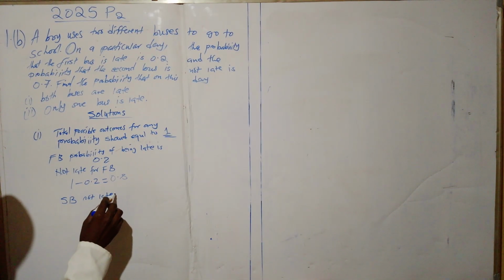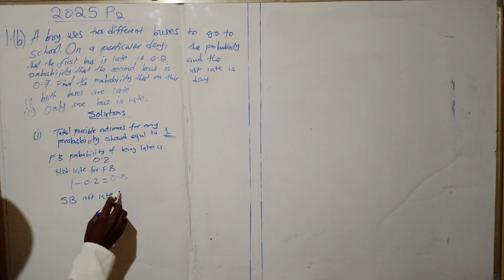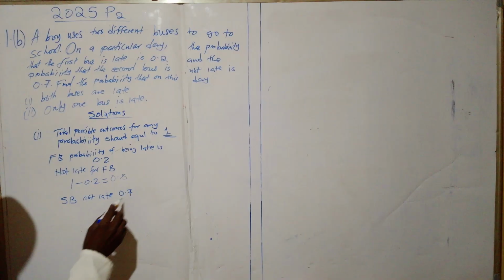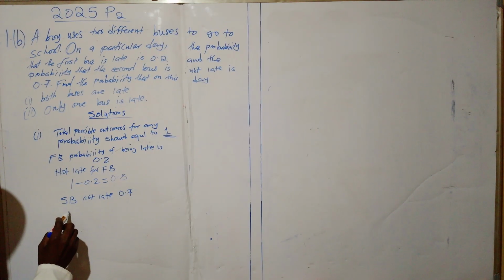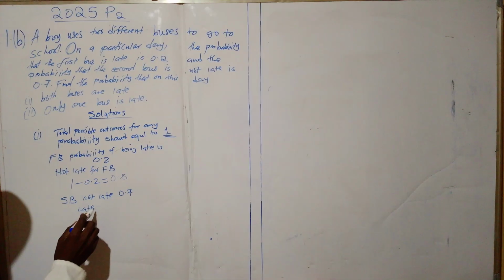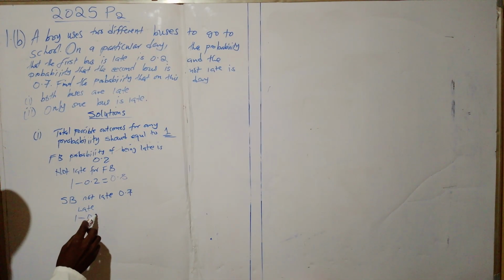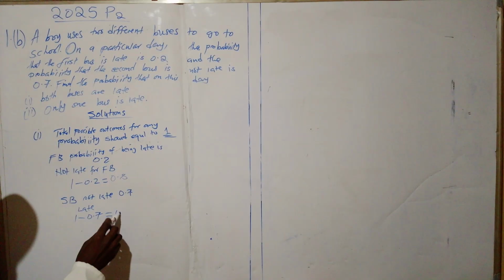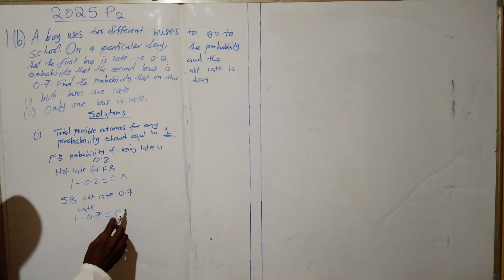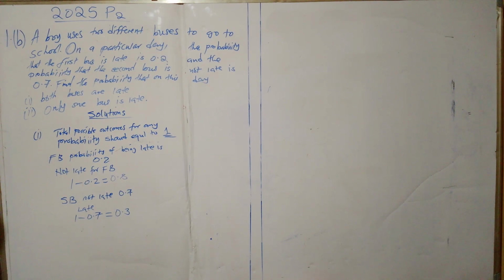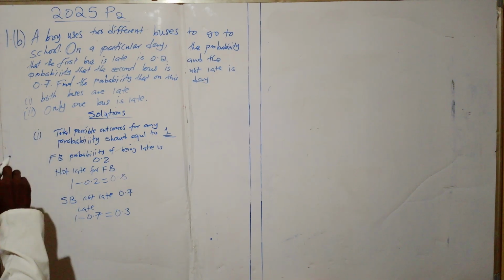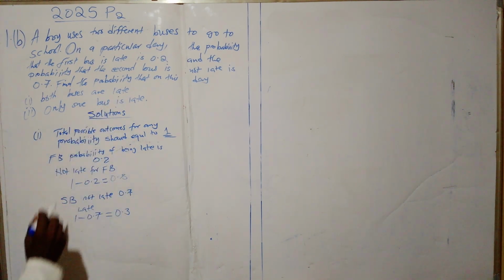So being not late is 0.7. What about the probability that it is late? The probability that it is late is going to be 1 minus 0.7, which will give you 0.3.